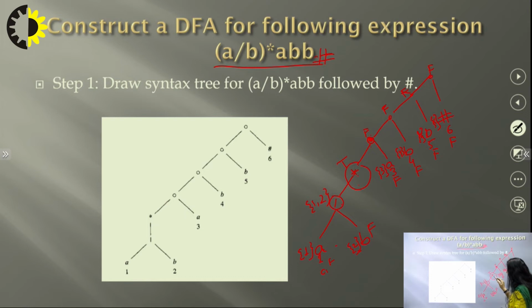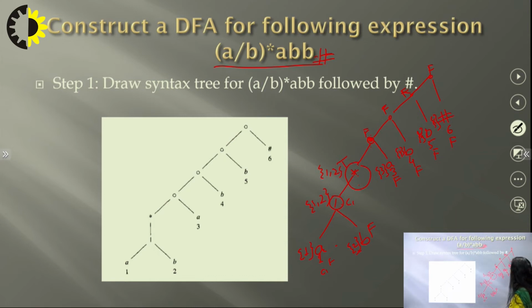Here C1 for star is slash, and the firstpos of slash is 1, 2. So the firstpos of star is 1, 2.